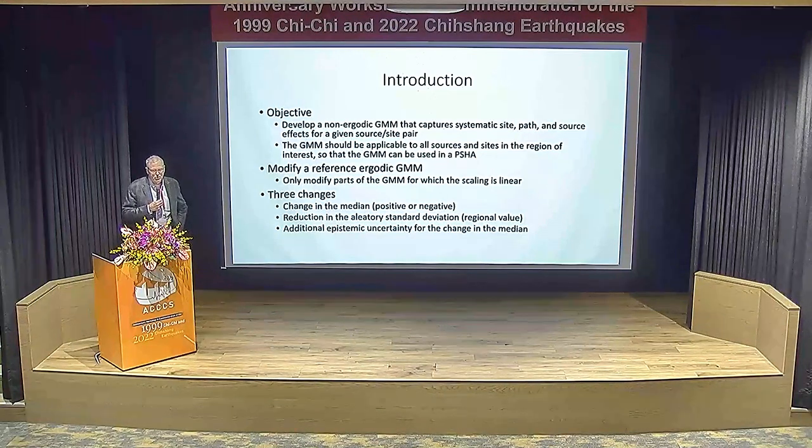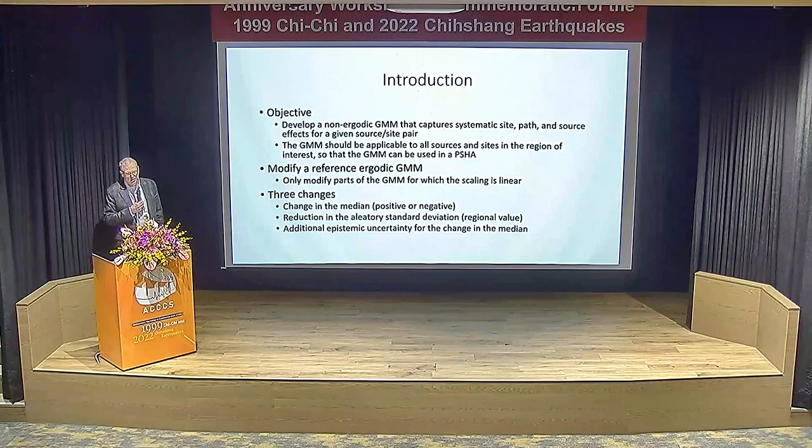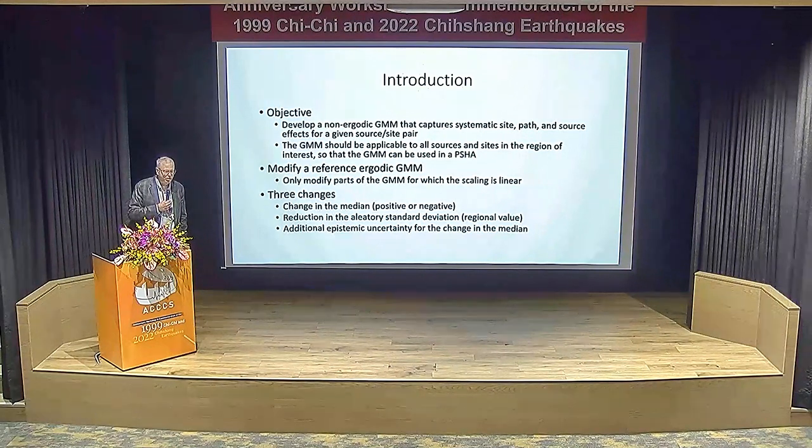So what we're trying to do is to take the advances that have happened in the earth sciences and generalize them enough so that we have a model that will work for any condition, and I can plug it into a seismic hazard program. And we're going to do this by modifying reference ergodic models. Those are going to be our basic scaling that we have around the world.